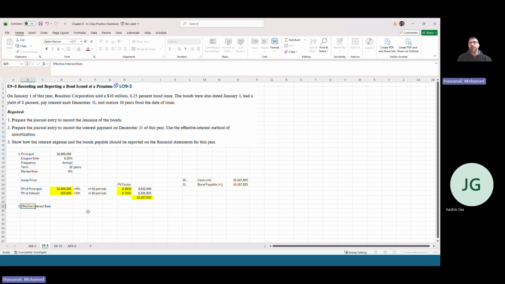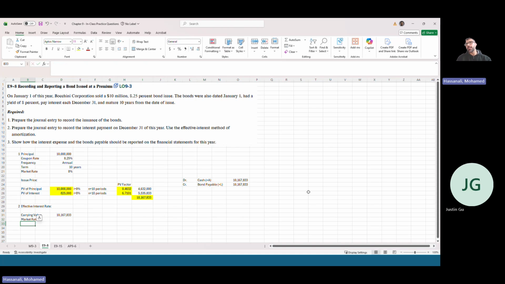So we need the carrying value, and in this case, our carrying value is 10,167,833. Then we need the market rate.